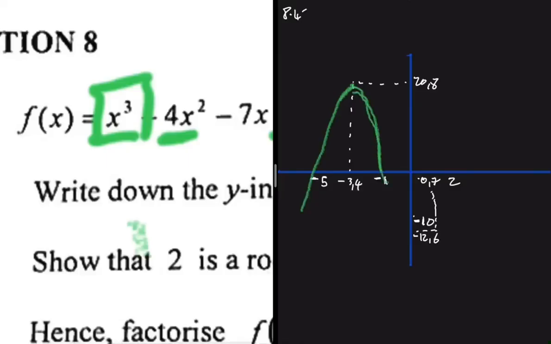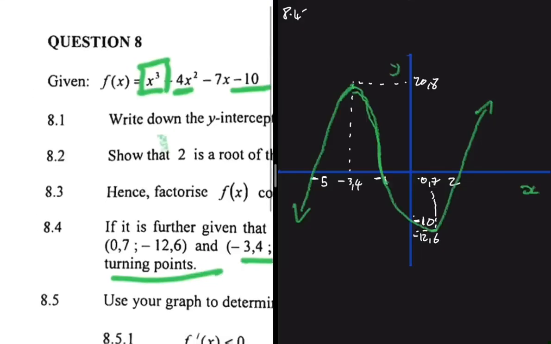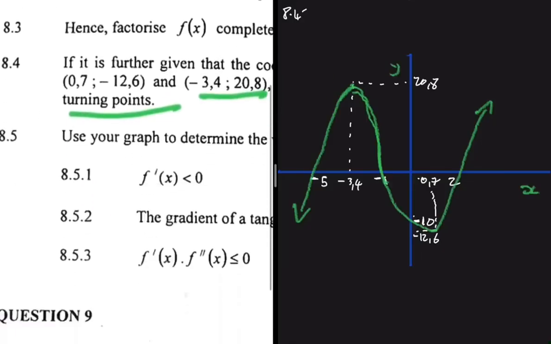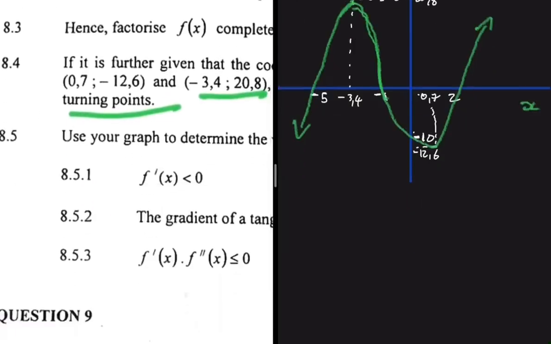From here, we need to go to minus 10, and then to minus 12.6, and then go up and go through x equal to 2. So our function is supposed to look like that. So we have the y-axis here, and then we have the x-axis here. So that is 8.4. I'm pretty much sure we got the same thing.